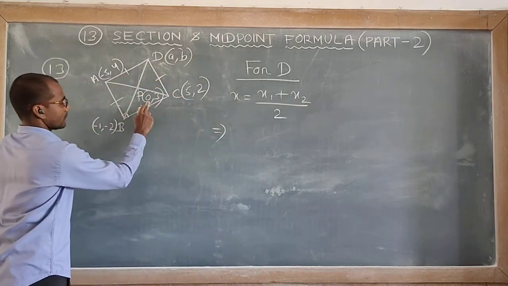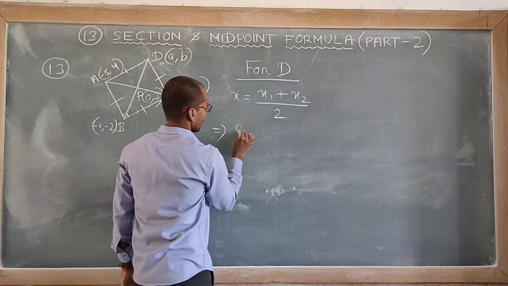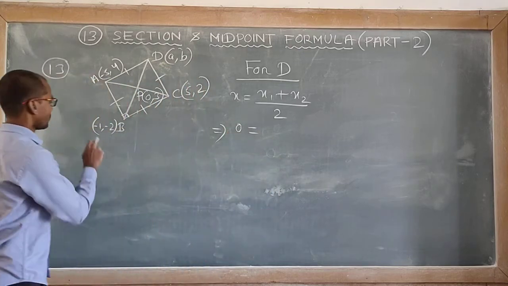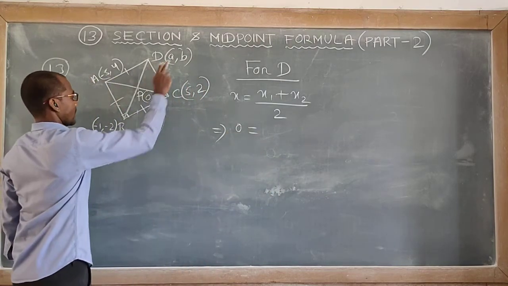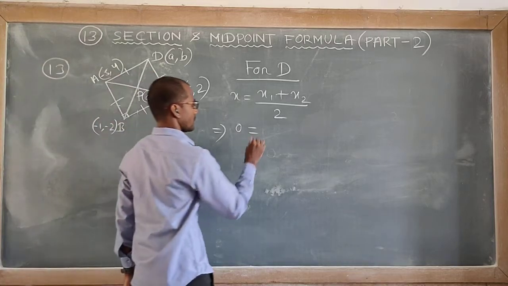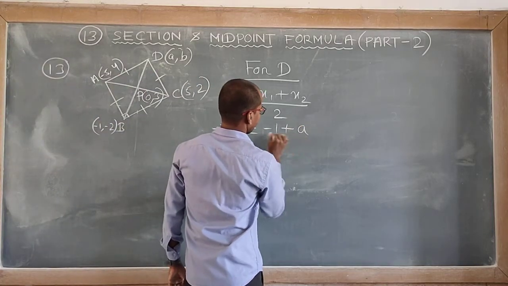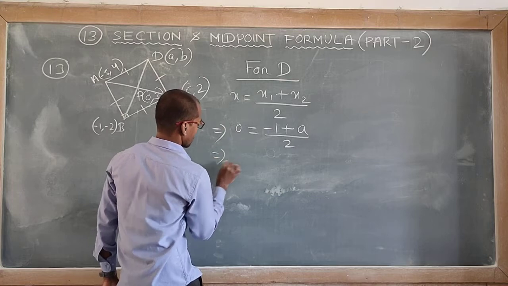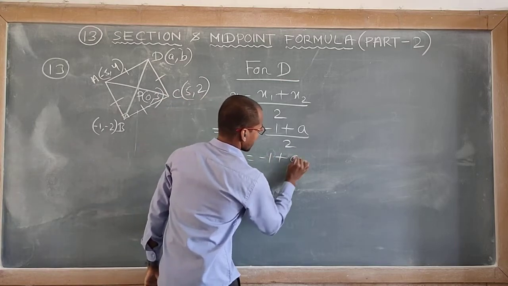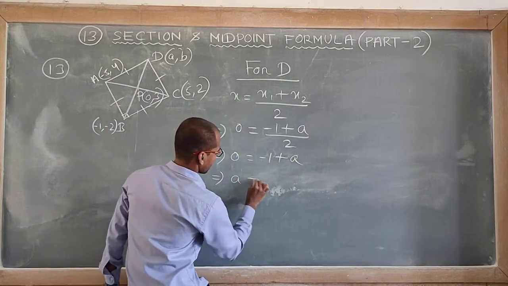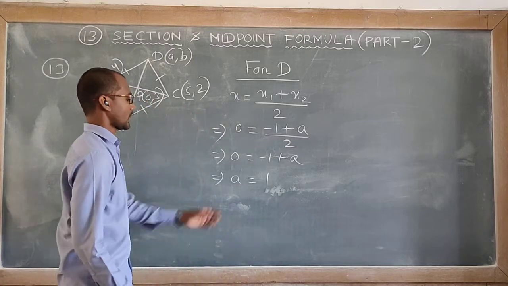What is x? 0, we have already found out. 0 is equal to, what is x1? Minus 1. What is x2? A. Minus 1 plus a by 2. 0 is equal to minus 1 plus a. A is equal to 1.